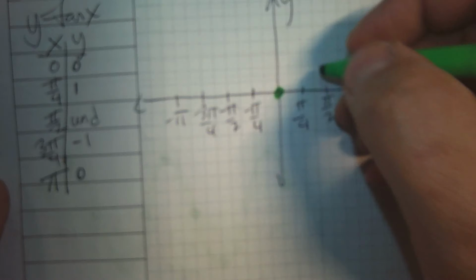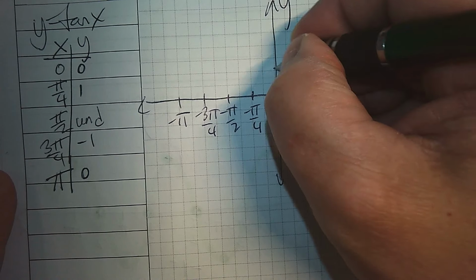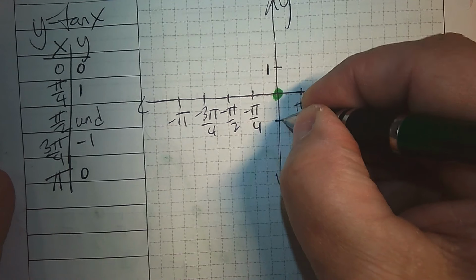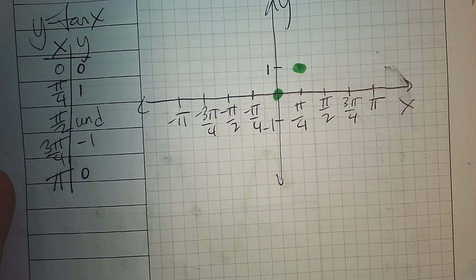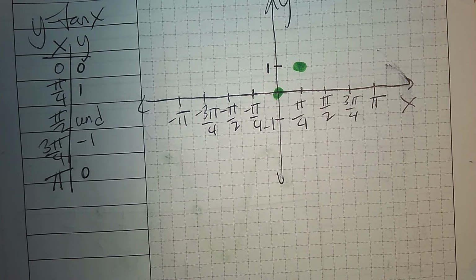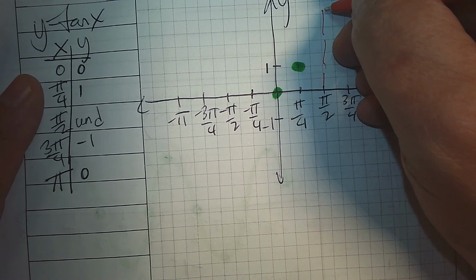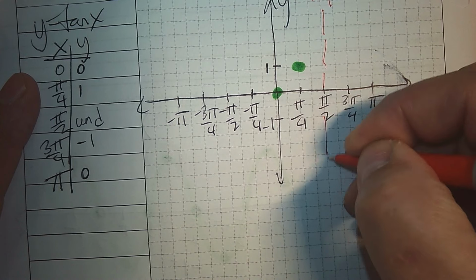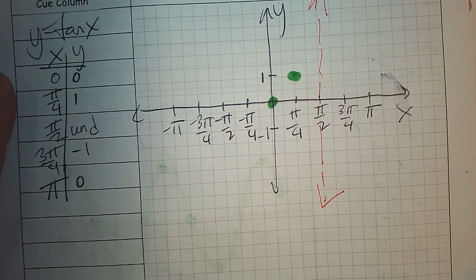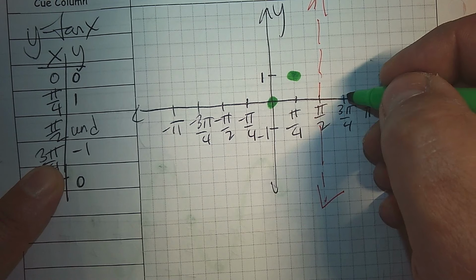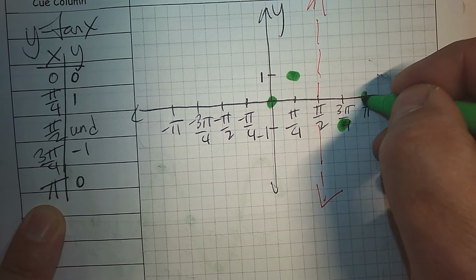At pi over 4, the answer is 1. And at pi over 2, it is undefined. When something's undefined, what do we draw on a graph? An asymptote. Tangent has asymptotes. At 3 pi over 4, it's -1. And at pi, it's 0.